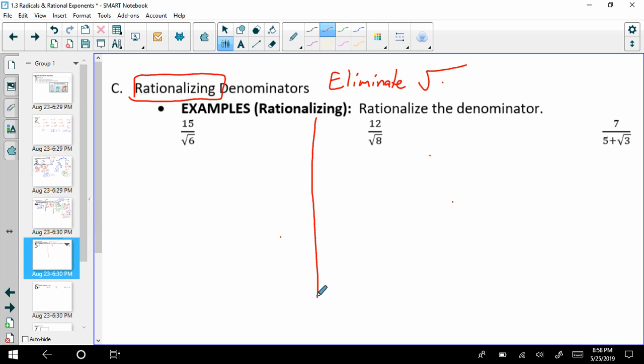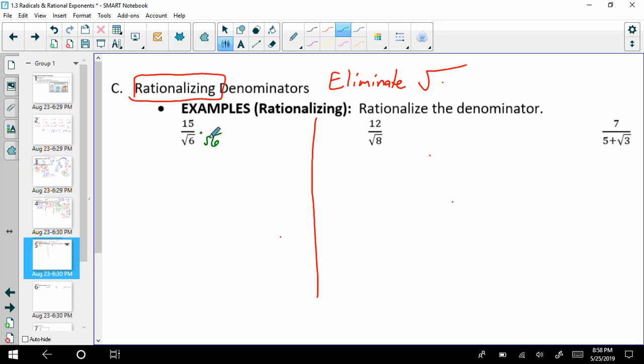So this first one, I have 15 over square root 6. I'll tell you, to rationalize a denominator, it's very easy. All you have to do is we are going to multiply it by itself. And in a moment, I'll tell you why that works. But there is a golden rule in math that says, hey, if you do something to the bottom, you have to do it to the top as well.